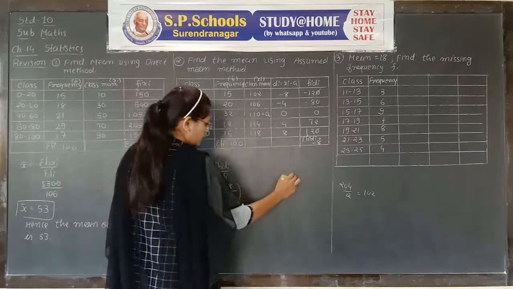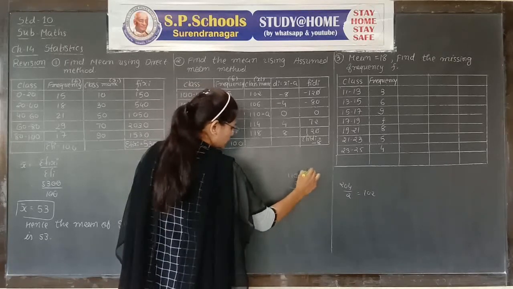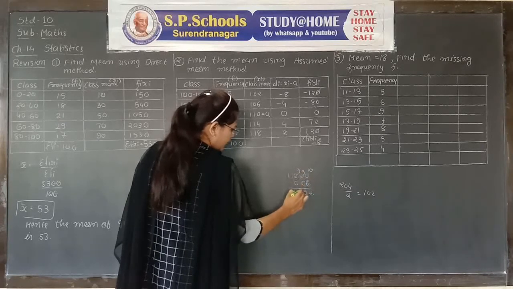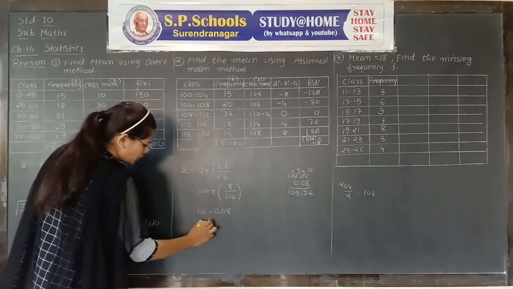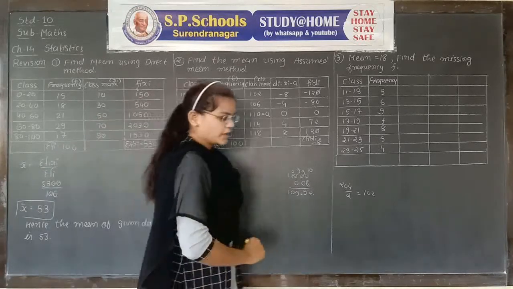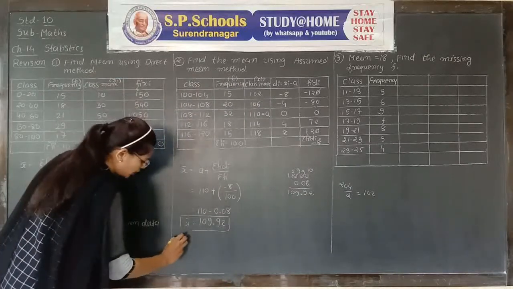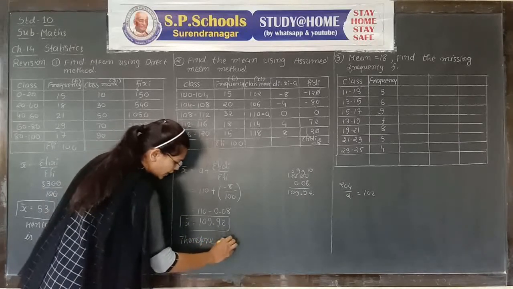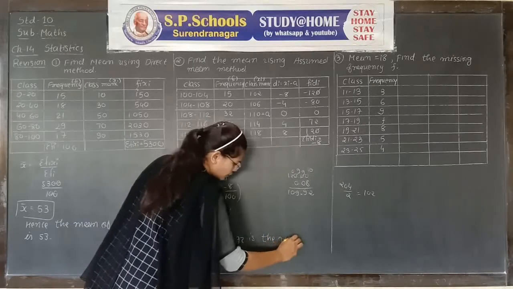We subtract 0.08 from 110: 10 minus 8 is 2, here is the 9 point, here is the 9, here is the 0, giving 109.92. 109.92 is the x bar using the assumed mean method. Therefore, 109.92 is the mean of the given data.